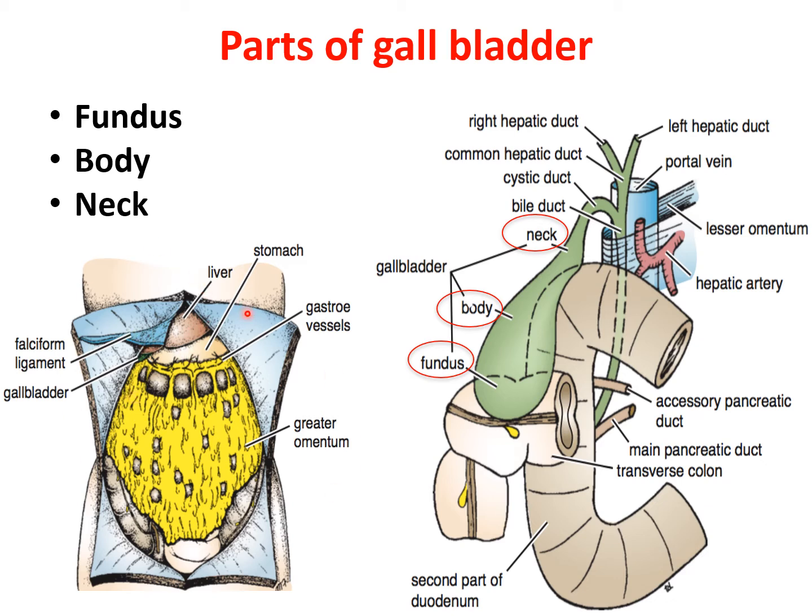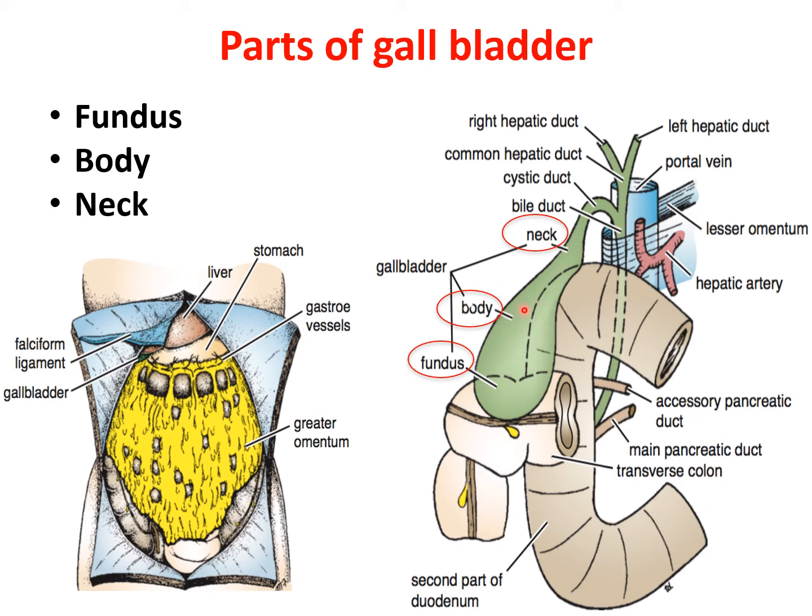In this image, the anterior abdominal wall is open. This is the liver. This is the inferior margin of the liver. And over here you can see the fundus of the gallbladder. This fundus comes in contact with the anterior abdominal wall at the level of the tip of the 9th right costal cartilage.